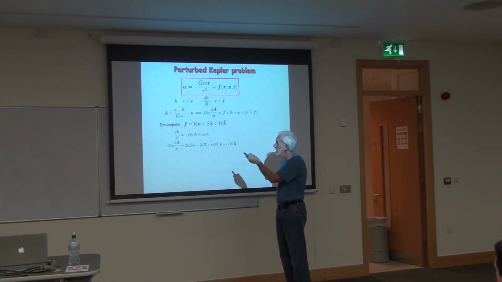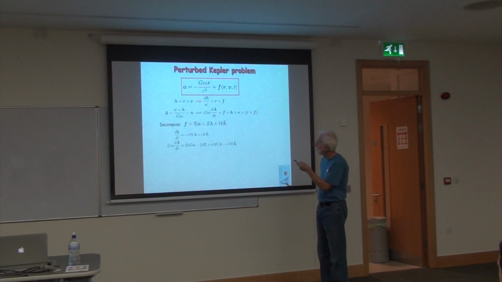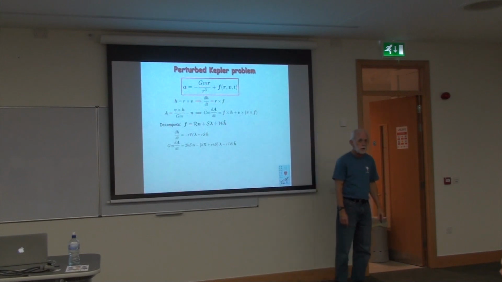Here's our definition of the Runge-Lenz vector. What's the rate of change of h? So dh/dt, well, v cross v is 0, so we just get r cross dv/dt, but the first term gives 0. That's the whole point of the Keplerian problem. But so we get r cross f. Okay? So already we see that dh/dt is r cross f.